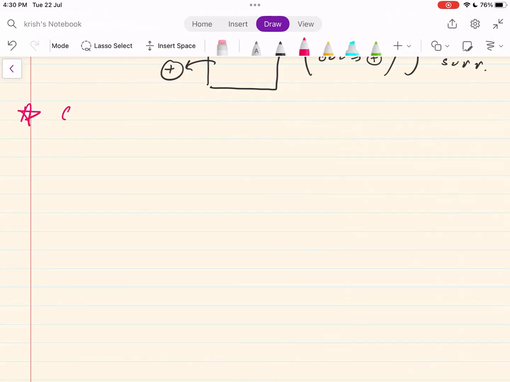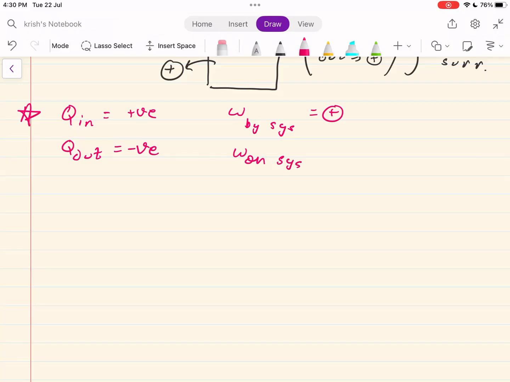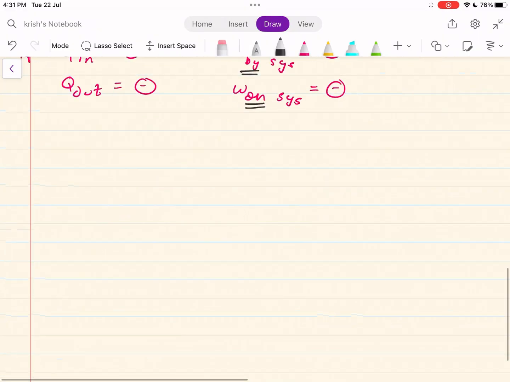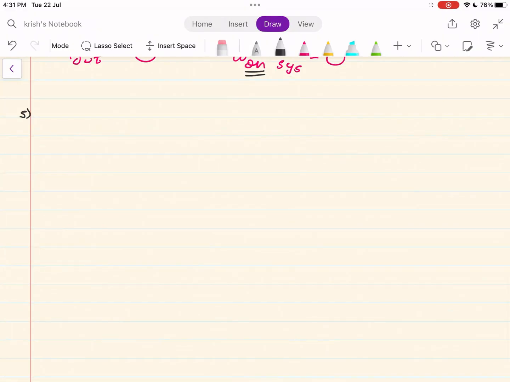So, what do you have to keep in mind? Q in equals positive, Q out equals negative, W by system equals positive, and W on system equals negative. Q in is positive, Q out is negative. This is with respect to system and this is with respect to surrounding. By and on, right. Okay, moving on.